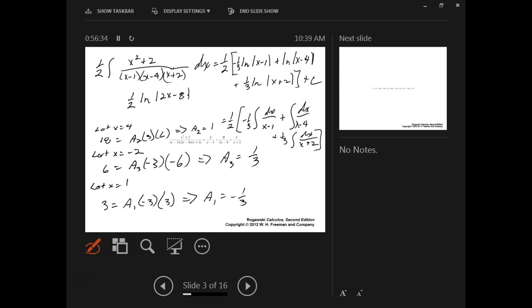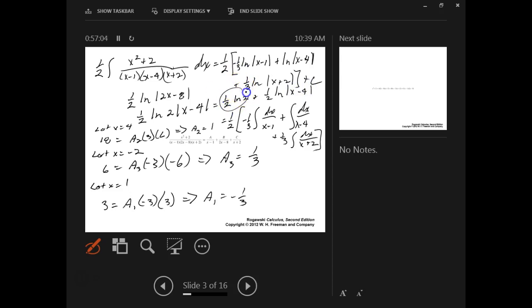Well, I would say that factors as 1/2 times the log of 2 times x minus 4, and this would be 1/2 log 2 plus 1/2 log x minus 4.